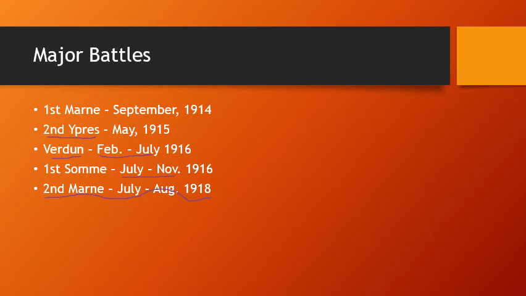In total, the Second Battle of the Marne had about 300,000 casualties, and it was a turning point in the war. It represented the Central Powers', Germany's, last major offensive in the war, the last time they're actually trying to move forward and gain ground.